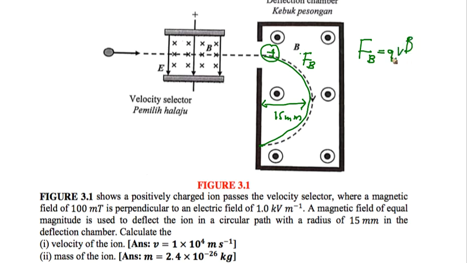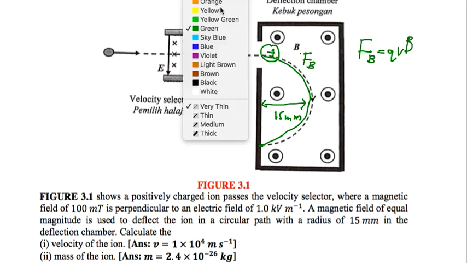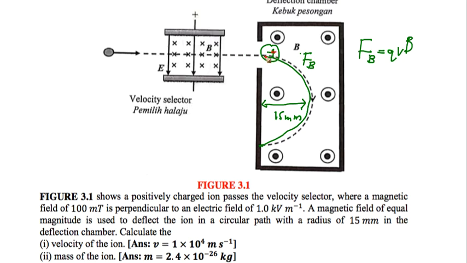The QVB force acting on the positive charge makes it move in the circular path. You can refer to the centripetal force, FC, which is equal to mv squared divided by r.